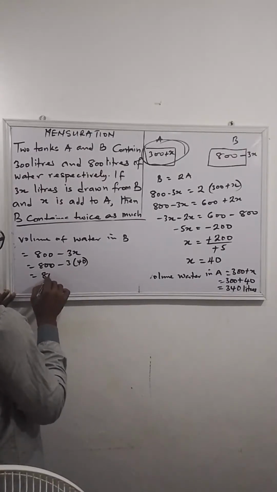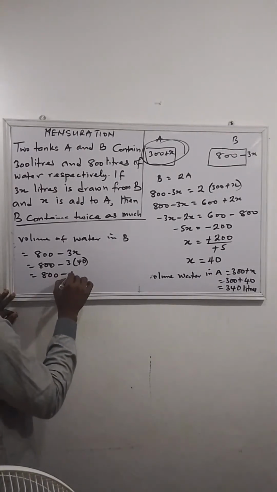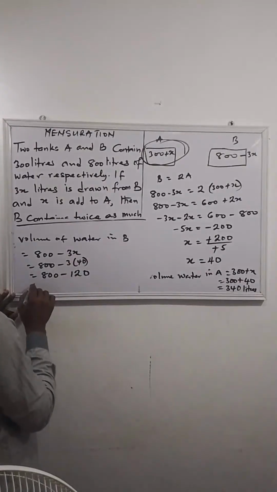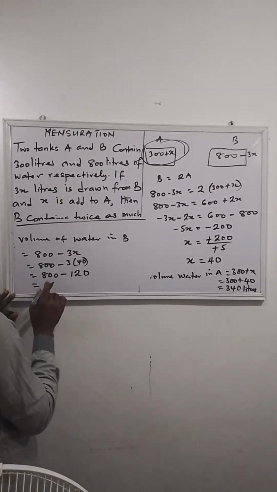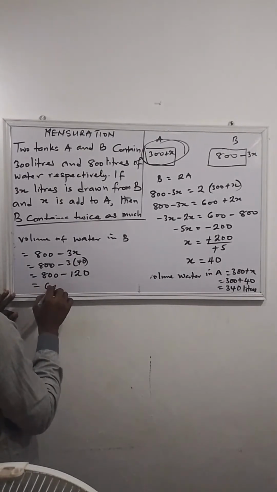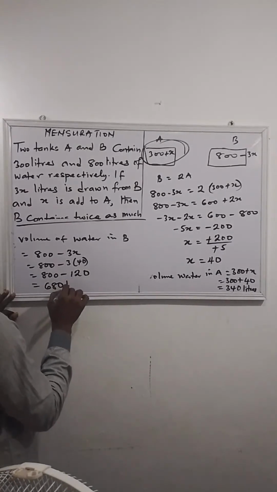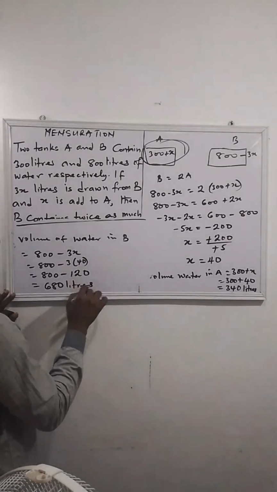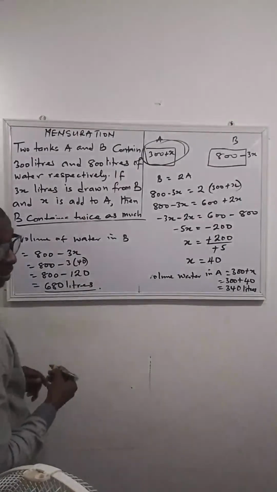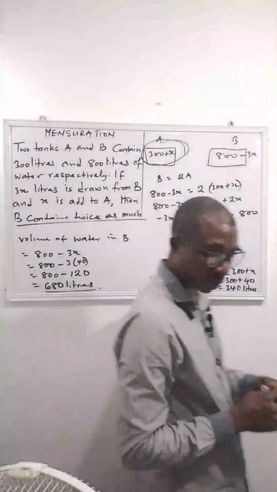That is 800 minus 120. When you subtract, you have 680 liters. All right. So that is the answer to that problem.